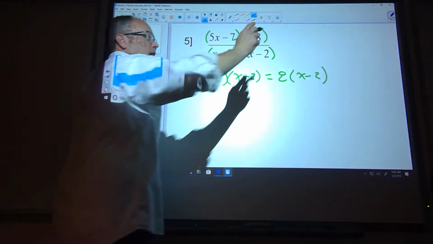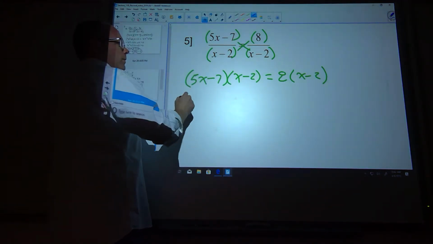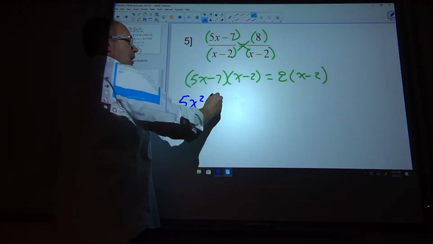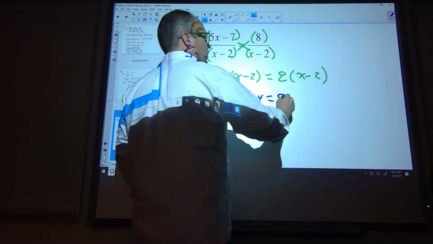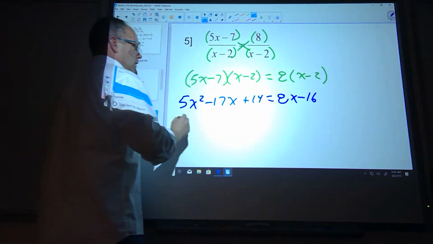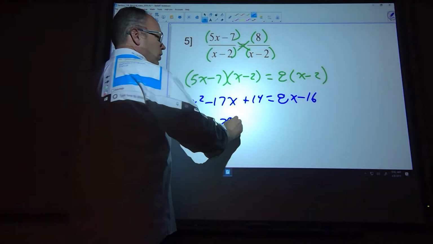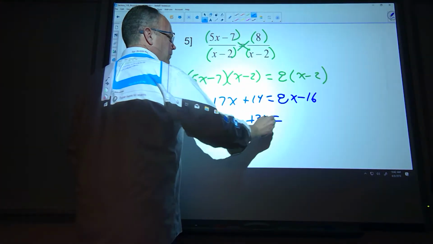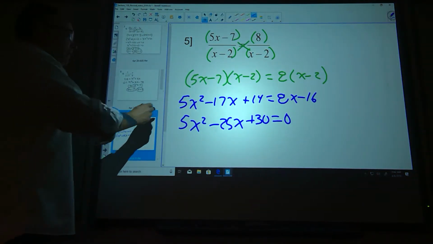I like that idea because I think I can, but I want to see if it will work both ways. So 5x squared, that's minus 10x, that's minus 17x, plus 14 equals 8x minus 16. 5x squared minus 25x minus 30 plus 30. Is that right? Did I do all that right? Mm-hmm. Let's divide everything by 5.